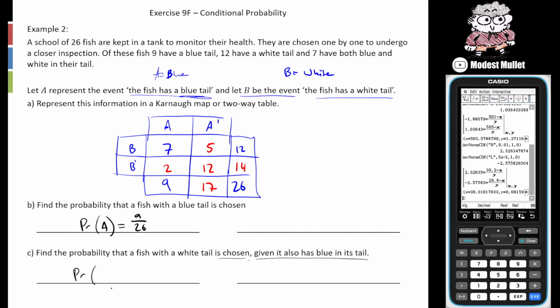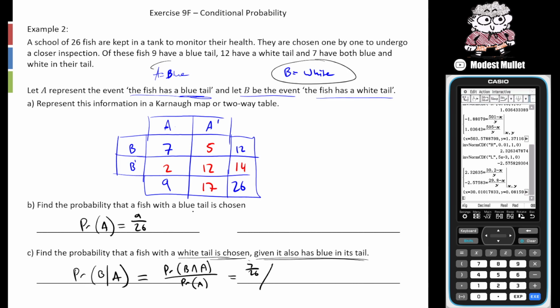So we want to find the probability that white is chosen, so white is B, given it has blue in its table, so given that it is A. That is equal to the probability of B intersect A divided by the probability of the second letter, which is A. B intersect A is 7 out of 26, divided by the probability of just A, which was 9 out of 26.